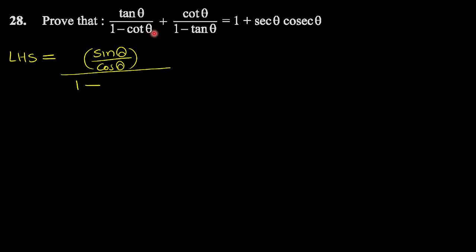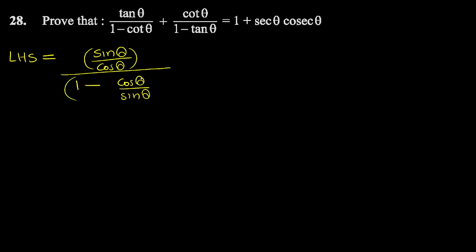Cot theta in terms of sin and cos. Cot theta in terms of sin and cos. Sir, cos by sin. Yes, cos theta by sin theta. Amira, okay, please note it.